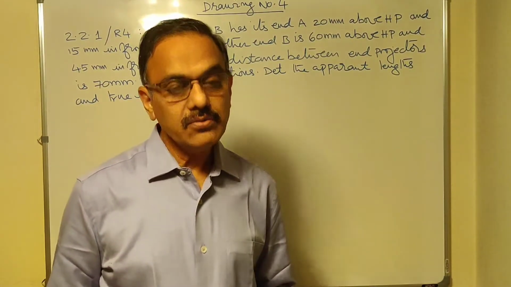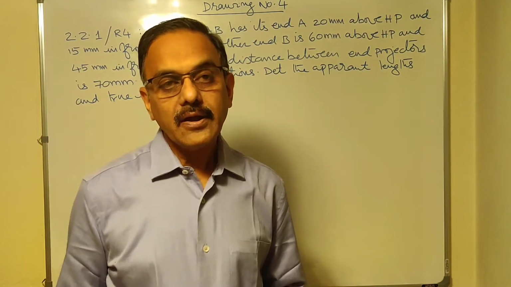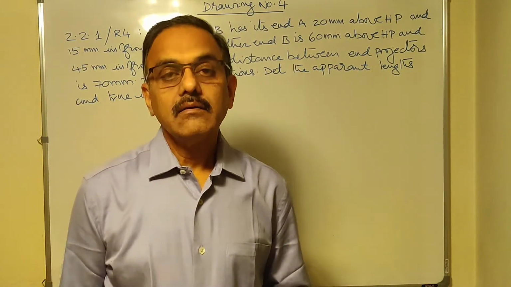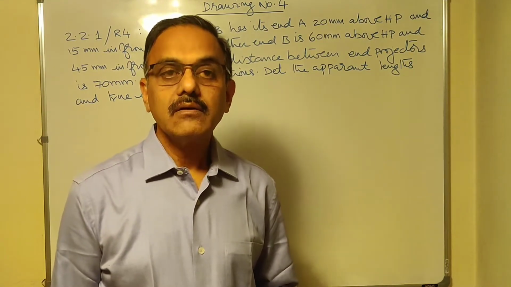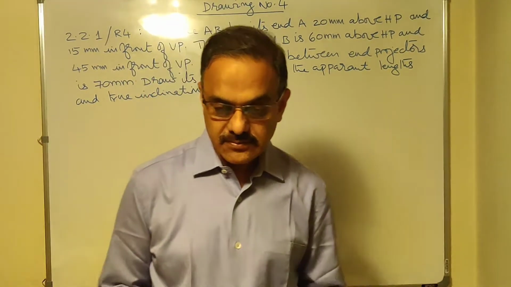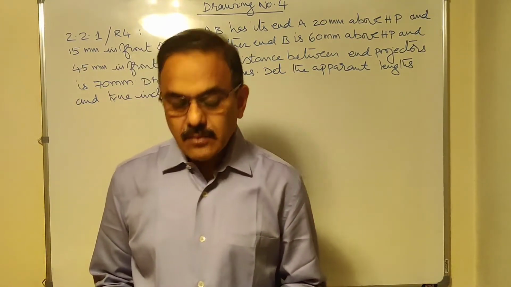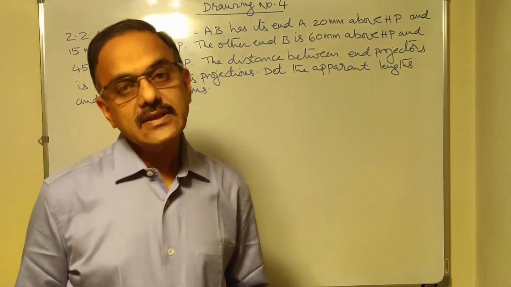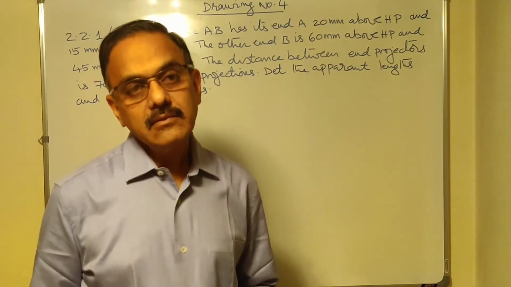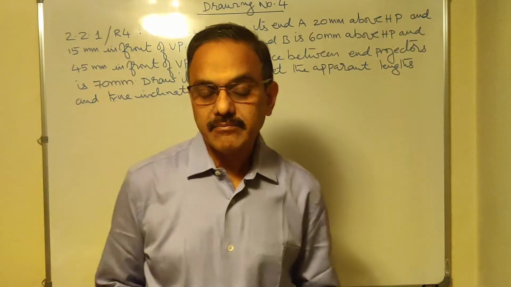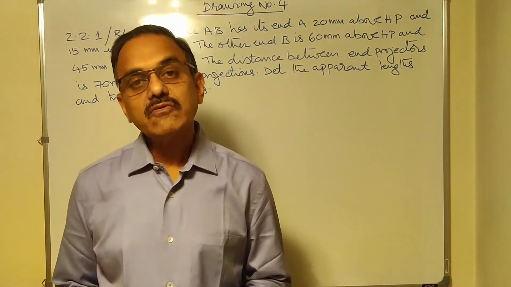In the last video we completed drawing number 2, and then I gave an introduction for projection of straight lines. In projection of straight lines we discussed the position of a line. We discussed 5 positions of a line, starting from position 1 to position 5.